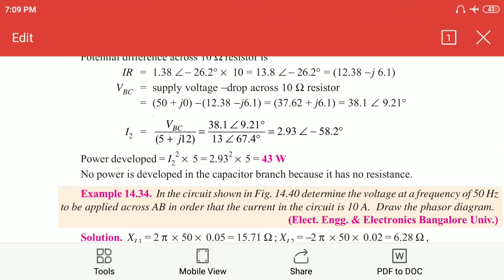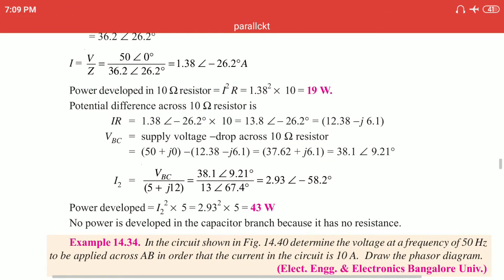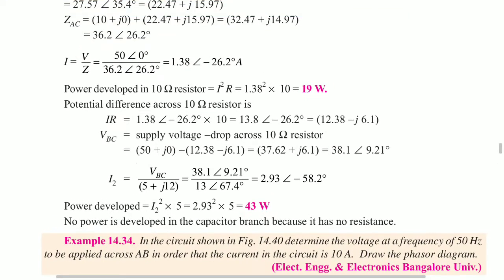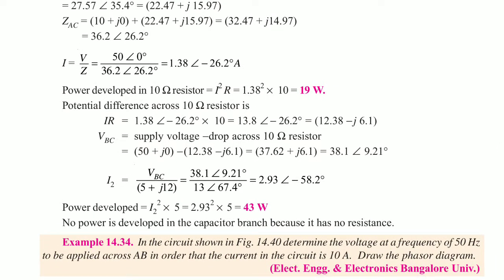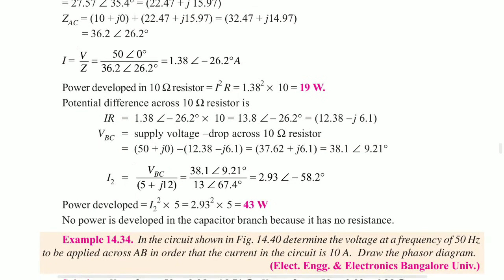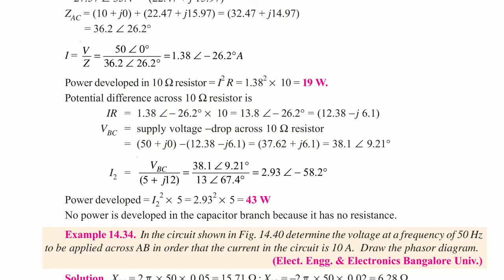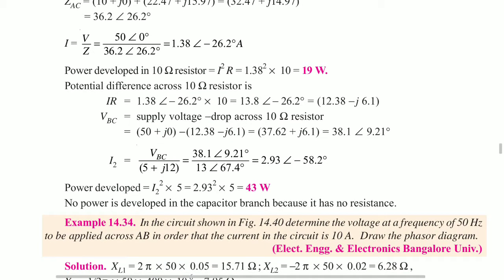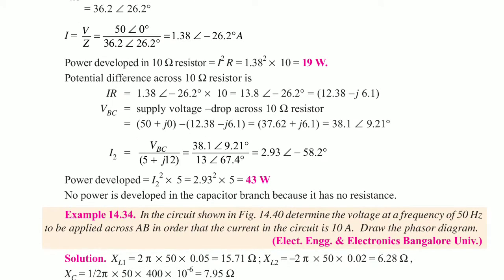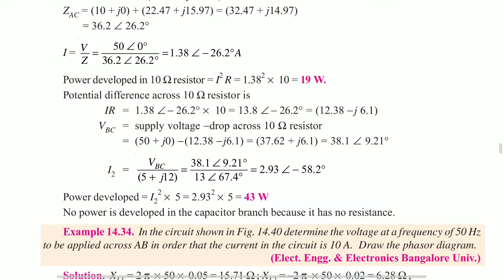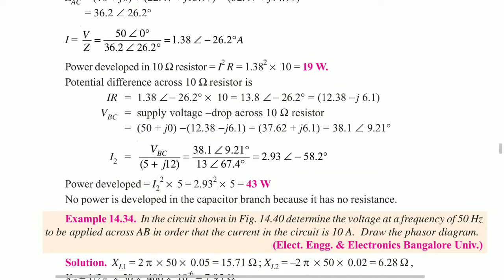Now the power developed in the 10 ohm resistor. What is the formula for power developed in the circuit? Power developed means power absorbed or taken by the circuit. Here they are asking only for the power developed in the 10 ohm resistor.